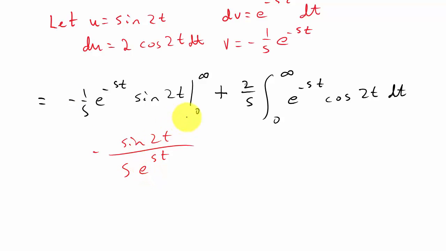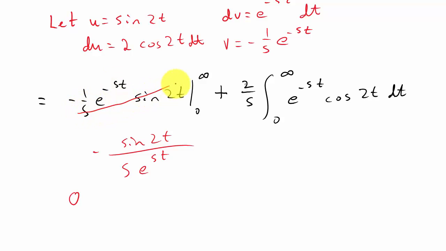And then if I plug 0 in, remember, as I go to infinity, that's 0. Then if I plug 0 in, well, that's 1, and then the sine of 0 is 0, so that would be 0 also. So I would have 0 minus 0, which is just 0.